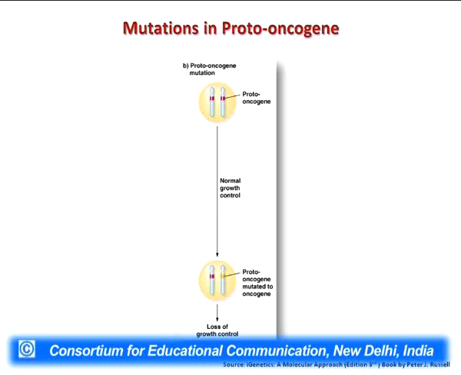As soon as a proto-oncogene mutates to form the oncogene, which is a cancer-forming gene, there is a loss of growth control, meaning the cells start growing in an uncontrolled fashion. The cell with the mutation has transformed into an oncogenic form, starts dividing in an uncontrolled fashion, and a benign tumor is formed first. Subsequently, cells get released from that part, move through the blood vessels to other parts of the body, and malignant tumors start forming.